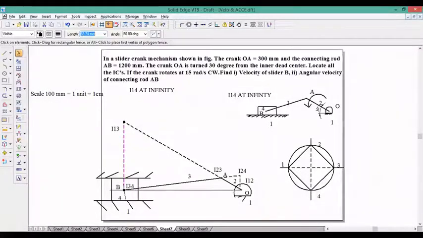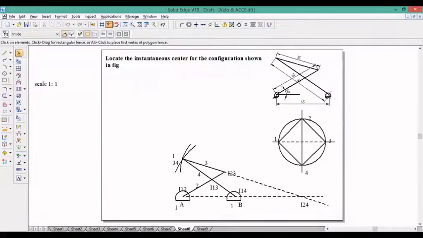Let us move on to the next simplest problem. Here, we locate the instantaneous centers for the configuration shown in the figure. The diagram is given, and I need to draw the configuration diagram.